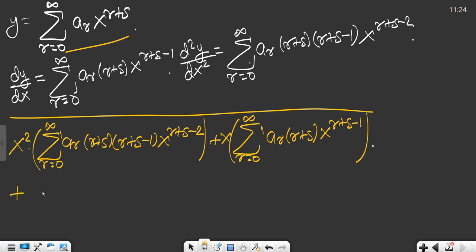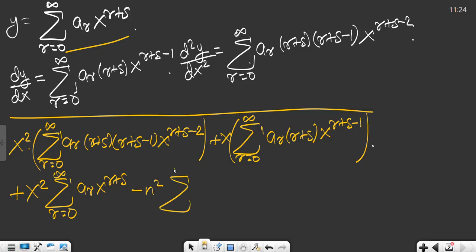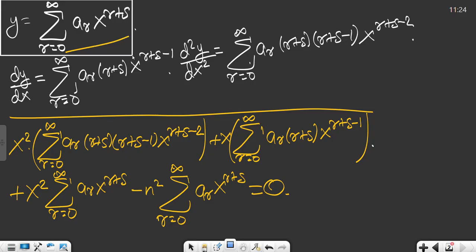And if we talk about x squared times y, this is what we are having: a sub r x to the r plus s, and minus n squared, that's going to give us the sum as r goes from 0 to infinity of a sub r x to the r plus s. So this is the big stuff that we are having after we assume that we are going to play with y equals that infinite sum.